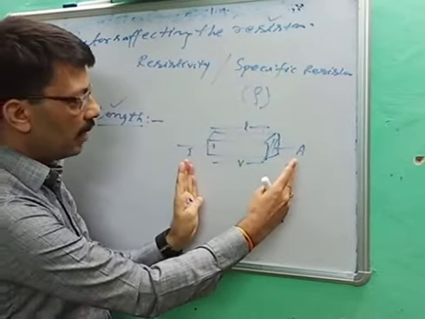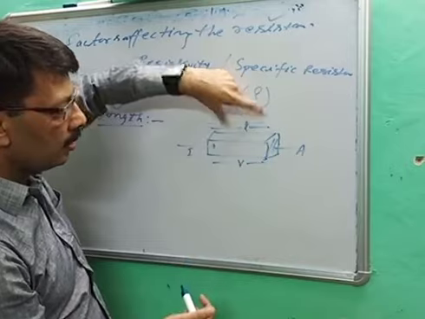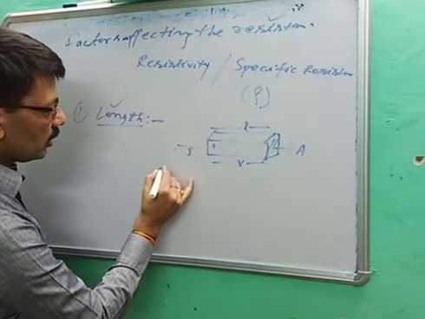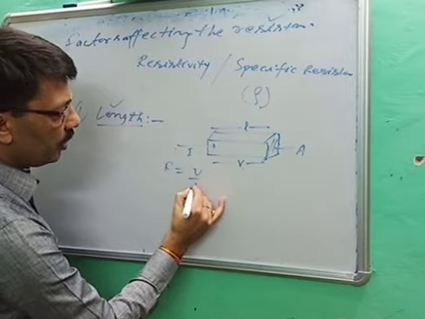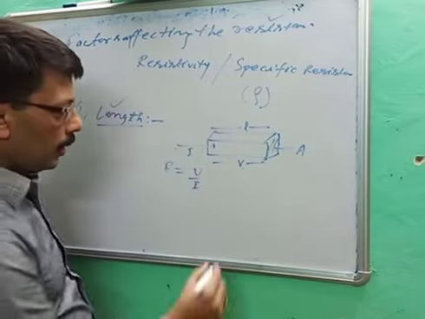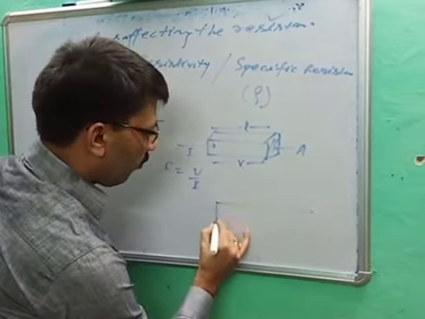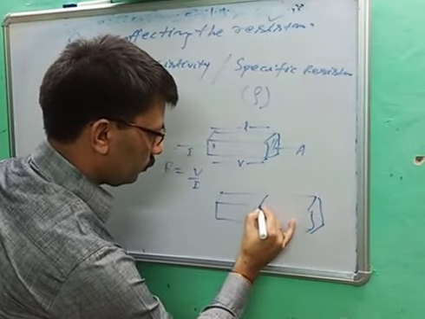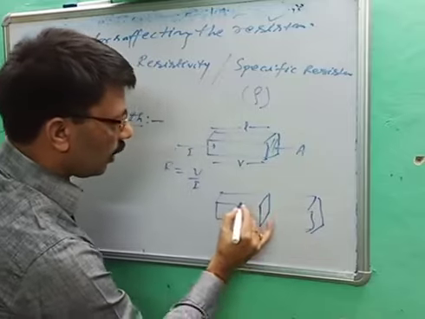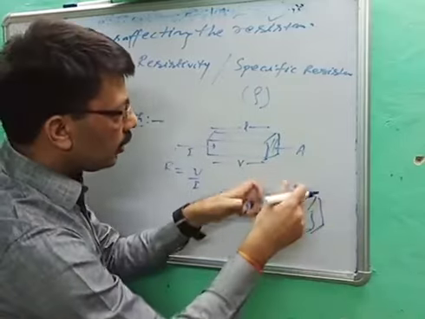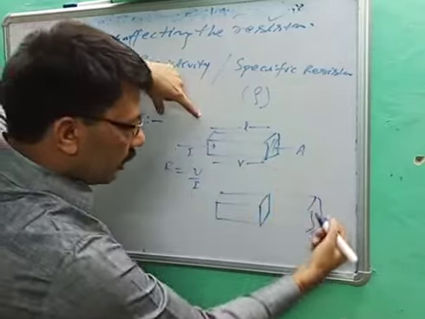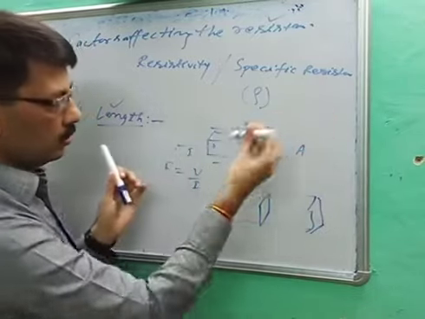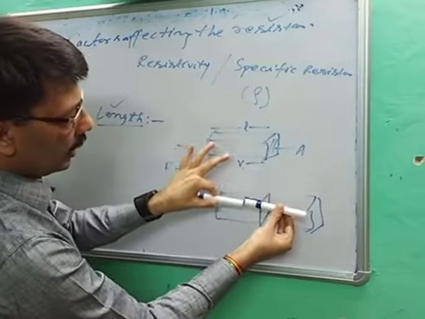Let's suppose we have taken a block of length L, area A, flowing current I, voltage V. So its resistance R is equal to V upon I. Now, if we connect another conductor of the same length like this, first this one, second we connect like this.